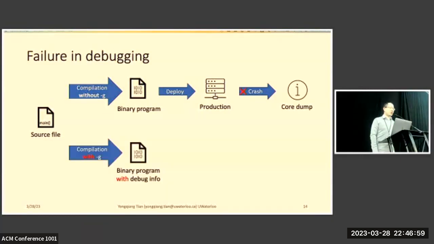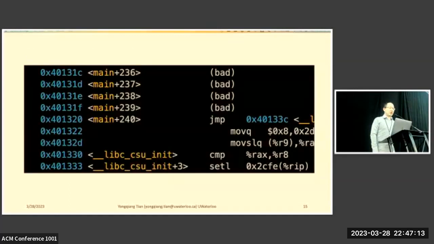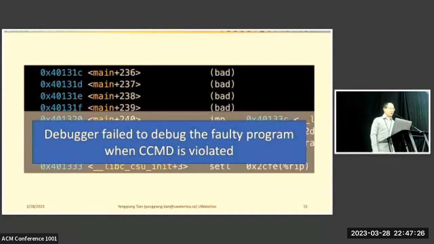And we will recompile the source code with debug information and use this binary program with debug information and the core dump for debugging purposes. The problem is that when CCMD is violated, GDB and other debuggers will show many bad instructions over here, instead of telling you which source code is mapping to here. In other words, debuggers will fail to debug the faulty program when CCMD is violated.